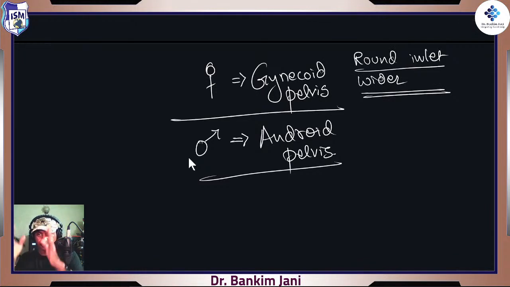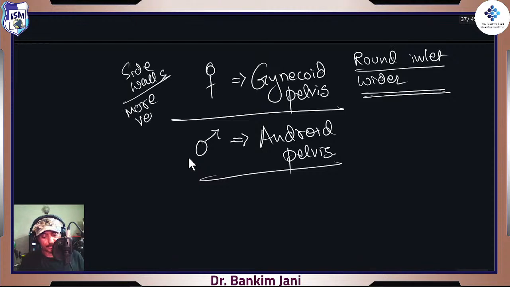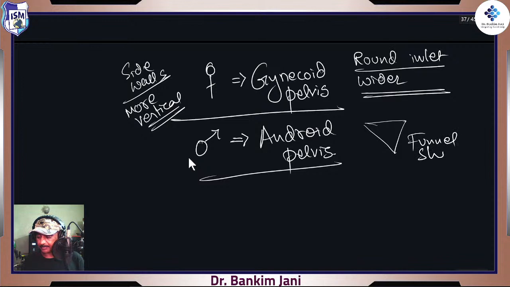The side walls and the mid cavity are more vertical, and that's the reason it has more space. In the male pelvis, the shape is like this: as it goes down, it is funnel shaped and narrower.